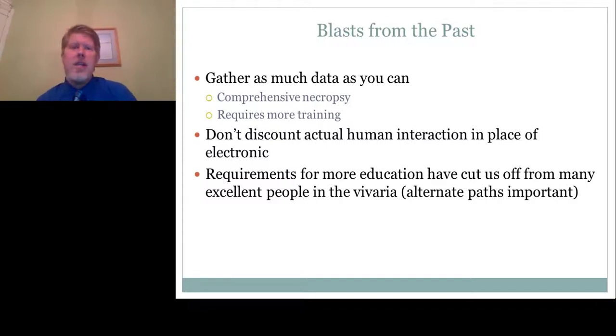And then another piece that I would like to point out, I've been training surgeons for about 20 years now. And I will tell you that some of the best surgeons I have ever trained, some of the best lab animal technicians I have ever trained, had high school diplomas, came from other careers, but they were smart and they were capable.